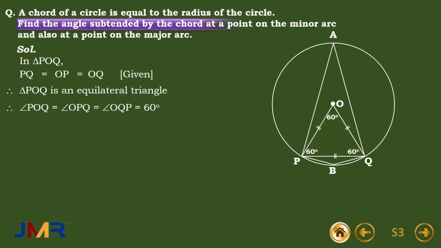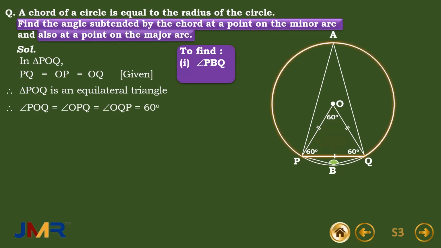But he asked us to find the angle subtended by the chord at a point on the minor arc. So that means we need to find angle PBQ. And also we need to find angle at A, that is angle PAQ. How can we find these two?